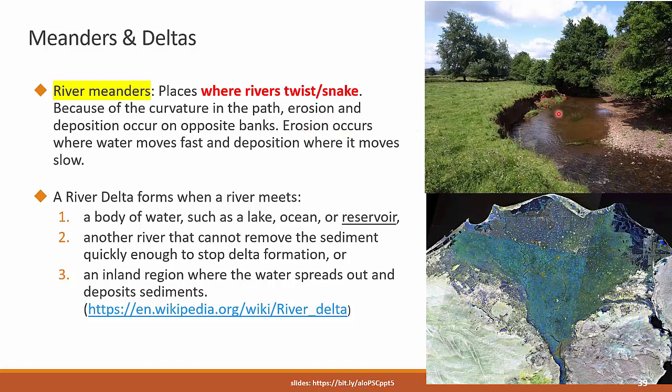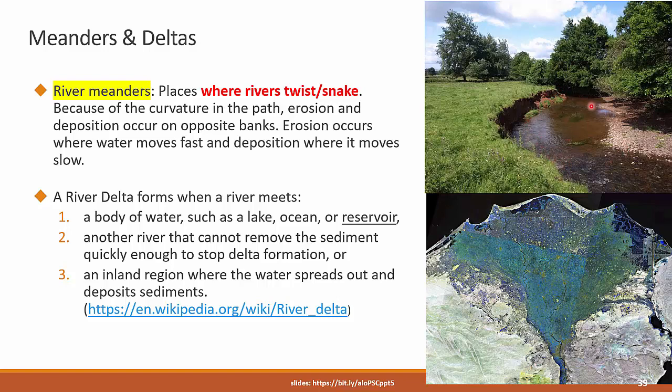Erosion occurs where the water is moving fast. When the water is coming from here, it has to move a larger distance before getting here than if it were going to move this way. So it has to move faster to get here at the same time as the water that's coming this way. So water is moving faster here, and that results in erosion.